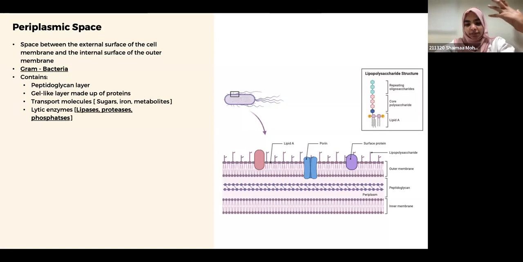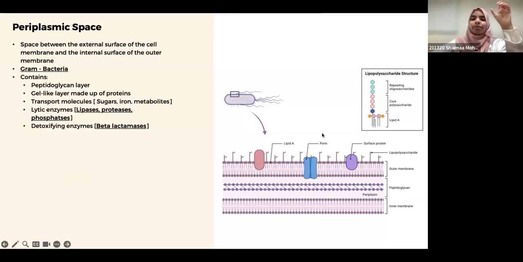Or detoxifying enzymes, which I would consider the most important function of the periplasmic space, like beta-lactamases. What are beta-lactams? Beta-lactams are antibiotics, like penicillins, that are toxic to the bacteria, right?